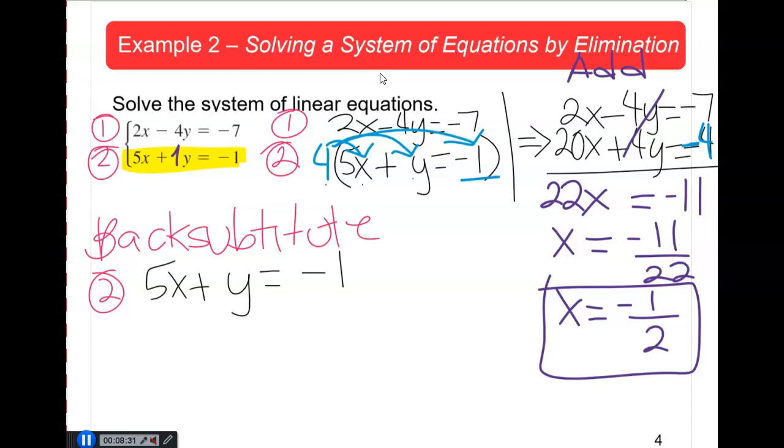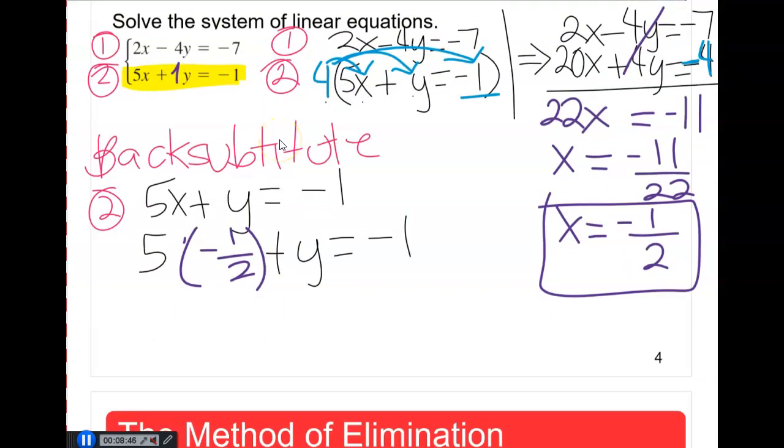So here I'm going to substitute the value that I found for x, that is -1/2. And then we're going to have plus y equals -1. So we can multiply here the 5 times -1/2, and that will be -5/2.